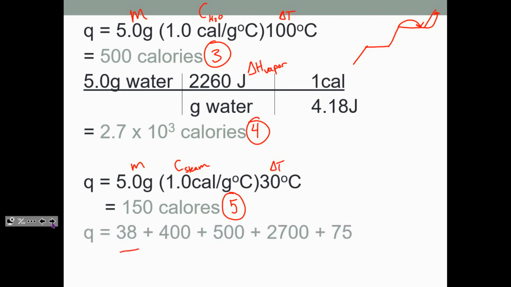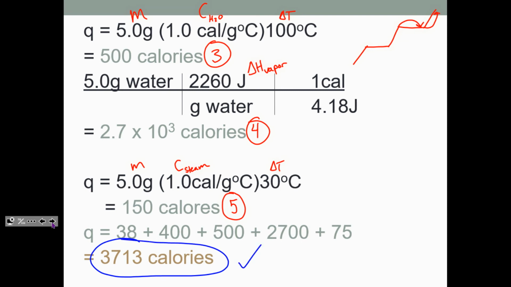And to get the total, I'm going to add up step 1, step 2, 3, 4, and 5. And the final answer here is going to be 3,700 calories.